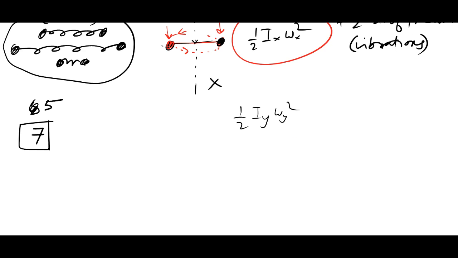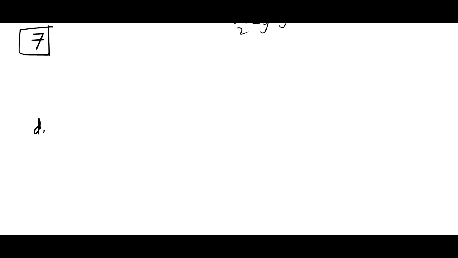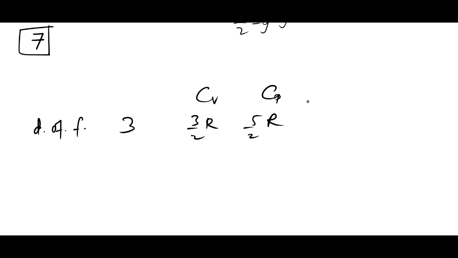So what happens if the degree of freedom is equal to 3? Let's go through that again. The value of Cv is 3 by 2 R, the value of Cp is 5 by 2 R, and the value of gamma is 5 upon 3.